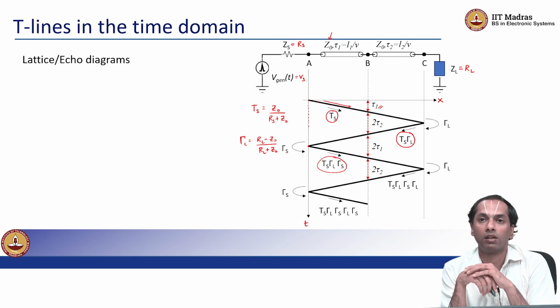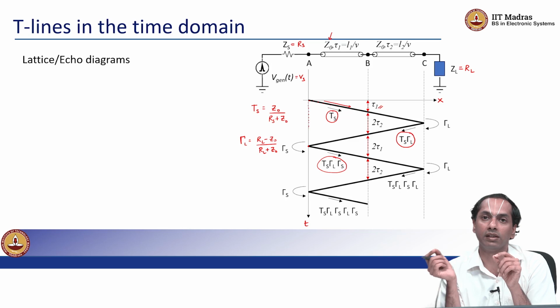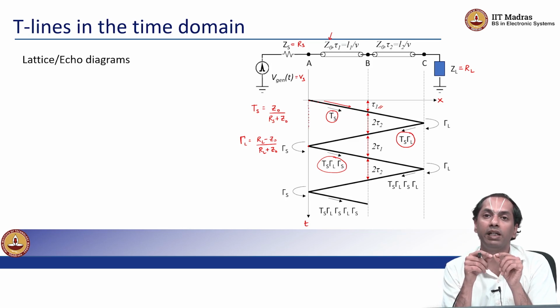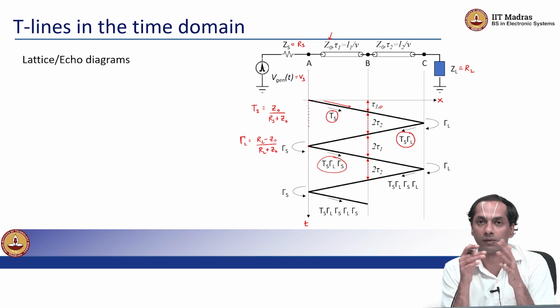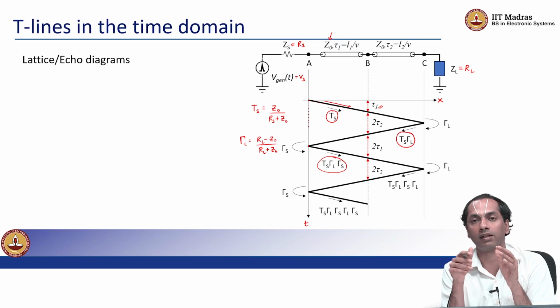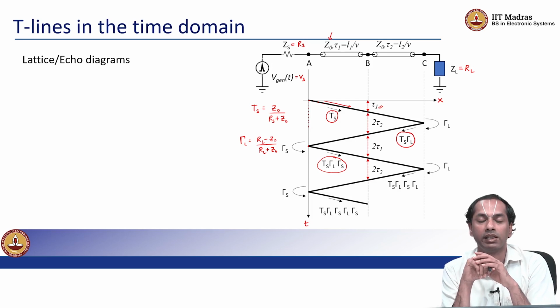So, when the distance between A and C is relatively short, or another way to put it, the time it takes for the signal to go from A to C is much shorter than the rate at which the voltage of the source is changing, then you will almost see a steady state behavior, that the speed of light delay and the associated effects do not muddy the voltage and currents that we see at different points.